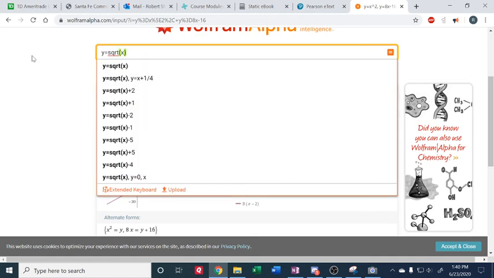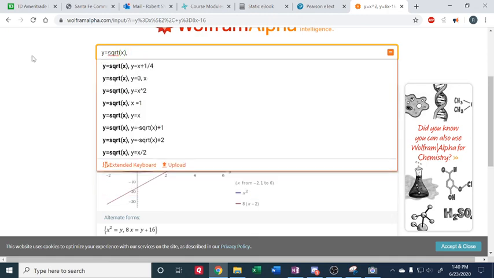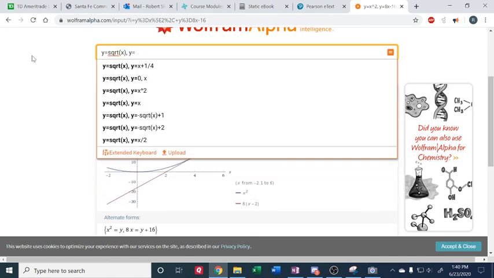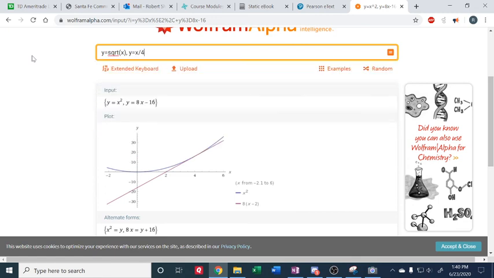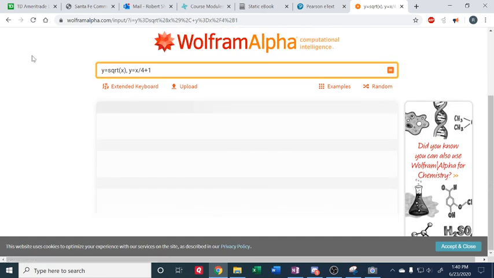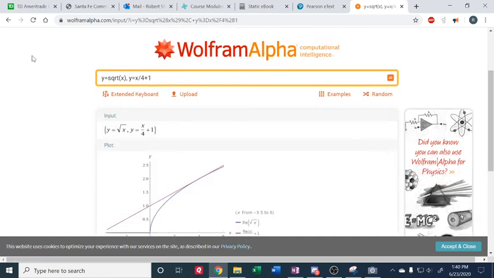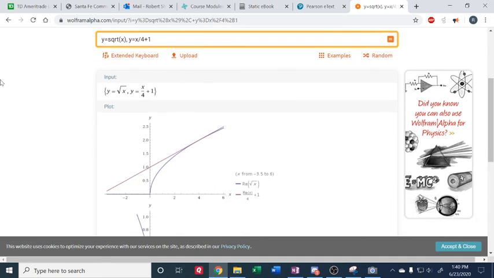y equals square root of x, comma, y equals 1/4 x, which is the same as x divided by 4, plus 1. So I'm going to hit enter. And it's happening just like before.